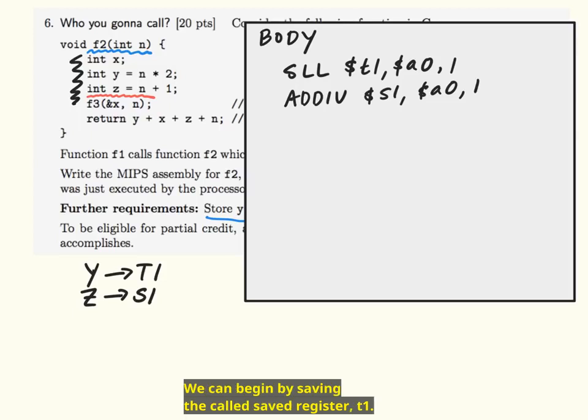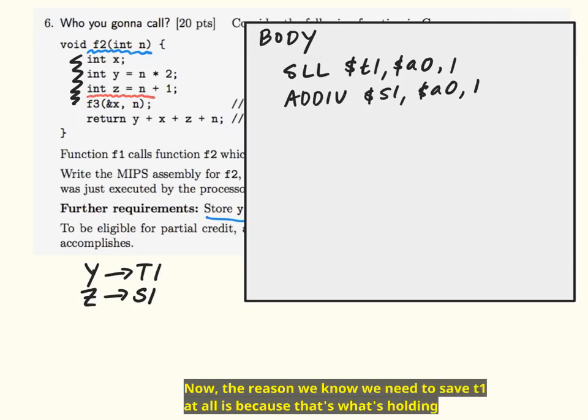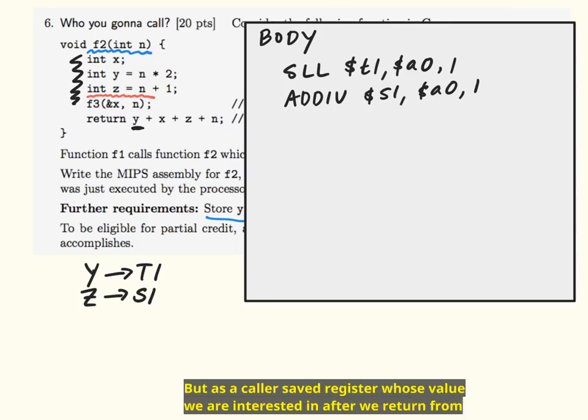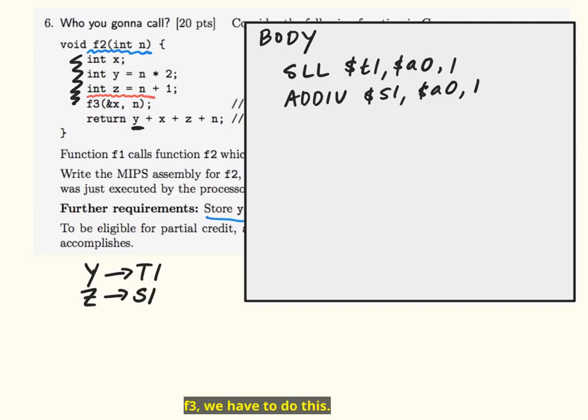We can begin by saving the caller saved register T1. Now, the reason we know we need to save T1 at all is because that's what's holding our value y, and we're going to need the value y here after the function call. If we didn't use y after the function call to f3, we wouldn't actually have to save it on the stack. But as a caller saved register whose value we are interested in after we return from f3, we have to do this.